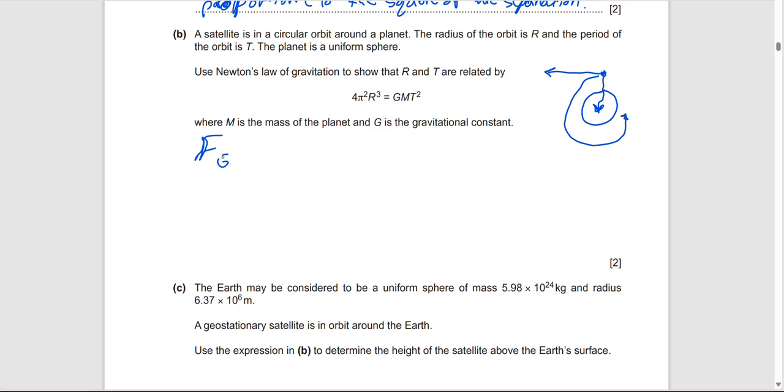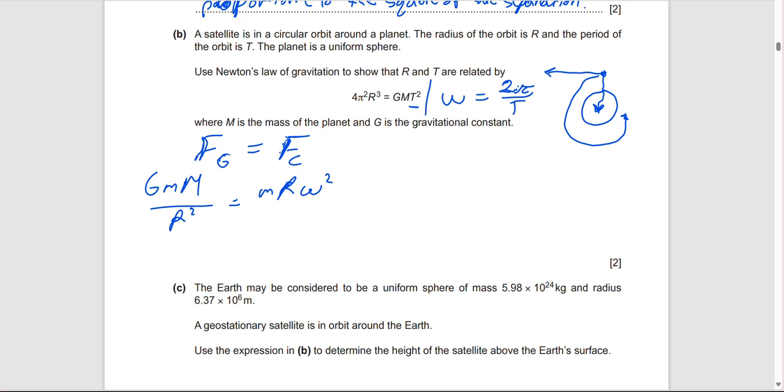We say the gravitational force provides the centripetal force, right? And the centripetal force has omega in it, and omega is equal to 2 pi over T. So we write our equation: GMm over r squared is equal to m r omega squared, and our omega is 2 pi over T.